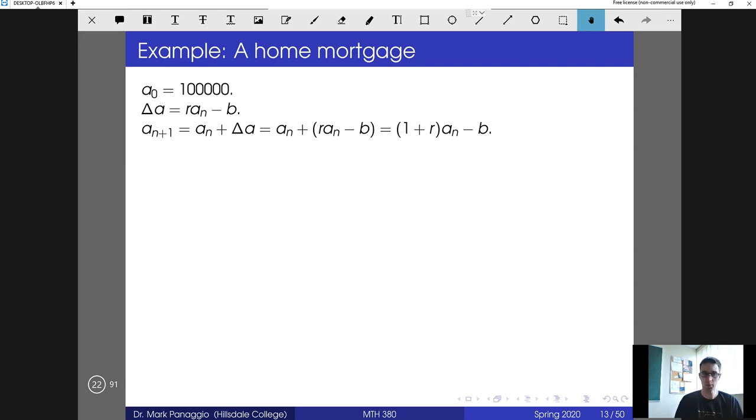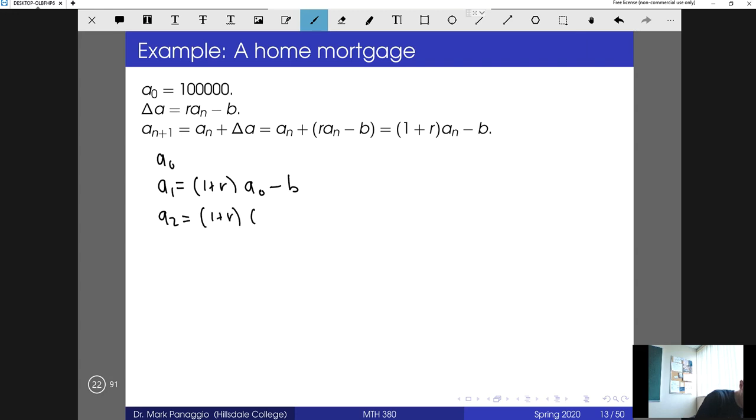So let's write down what the first couple of terms would look like. We'll just have a0, and then a1 would be equal to (1 plus r) a0 minus b, and a2 would be equal to (1 plus r) times a1 minus b. But notice we already have a formula for a1, so we can plug that in. And so that would be (1 plus r) times, plugging in a1, (1 plus r) a0 minus b, and then we have a minus b on the end.